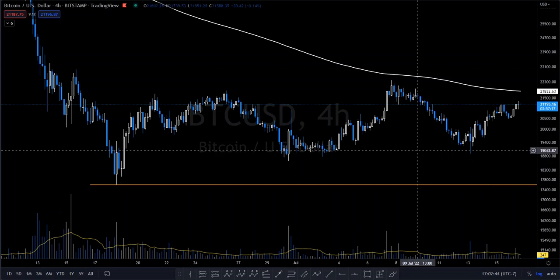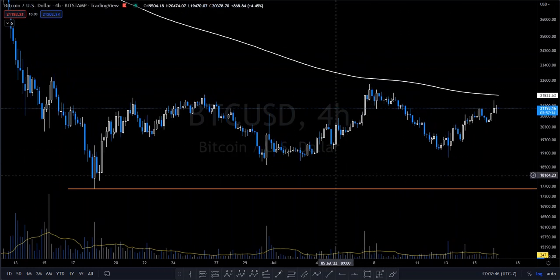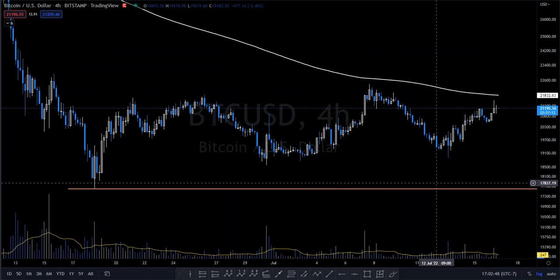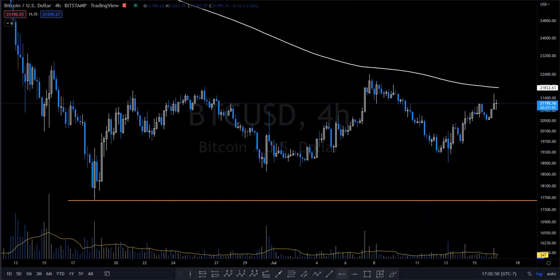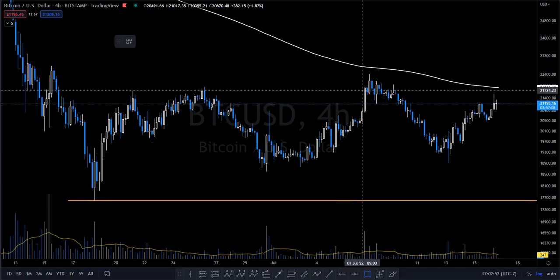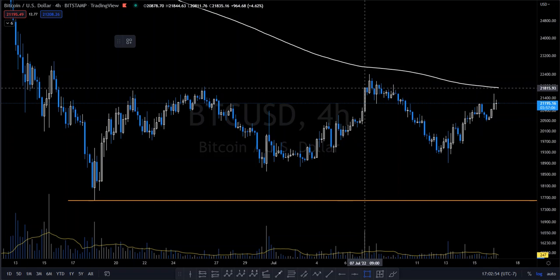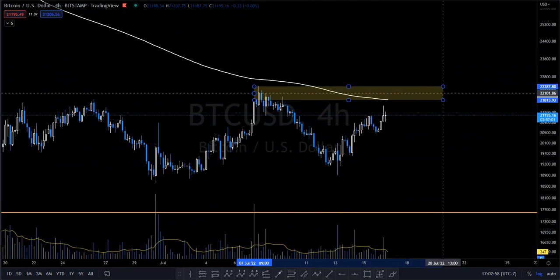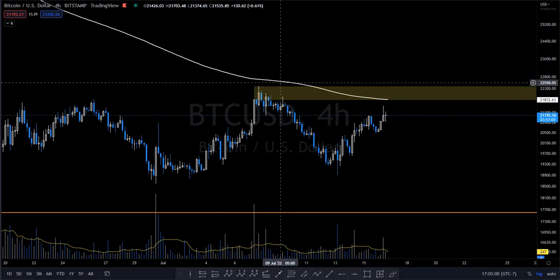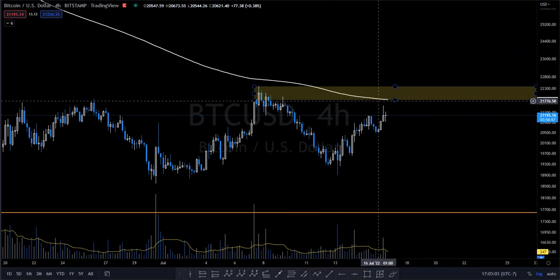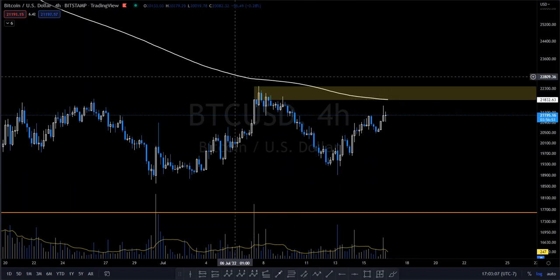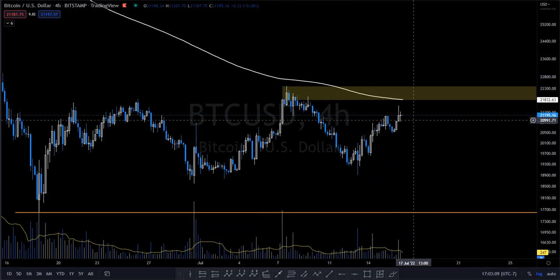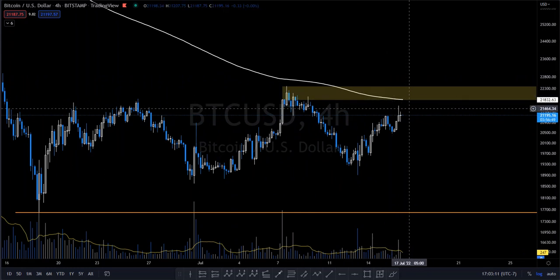So let's talk about lower time frames. If we go to the 4-hour time frame, the first important resistance, as I talked about in the daily time frame, would be this area, which is a confluent area with the 200 EMA, and it can act as a very important resistance.